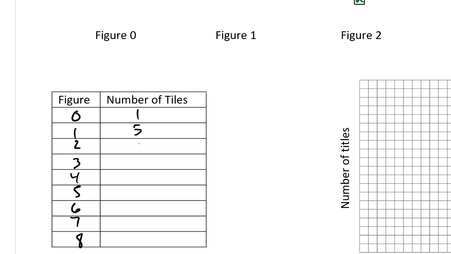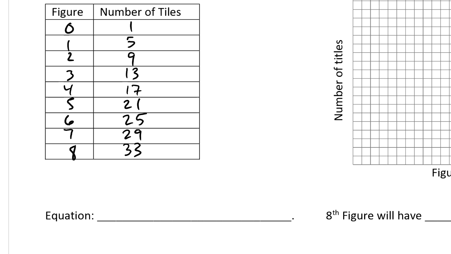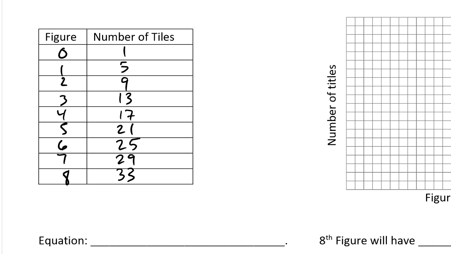Each time I'm adding 4, so we're going to get 9, and then 13, plus 4 more is 17, plus 4 is 21, plus 4 is 25, plus 4 is 29, and plus 4 more, 33. So again, you can see here that I'm starting out with just the one tile. That's my start, and every single time I move forward, I'm adding 4.